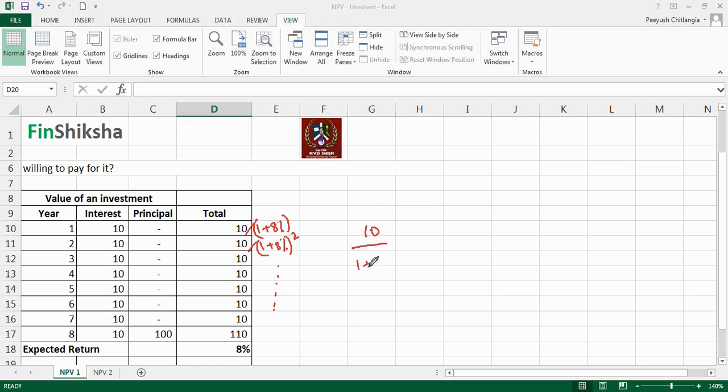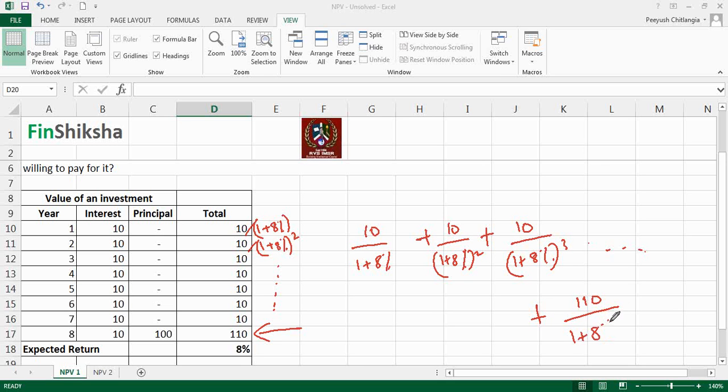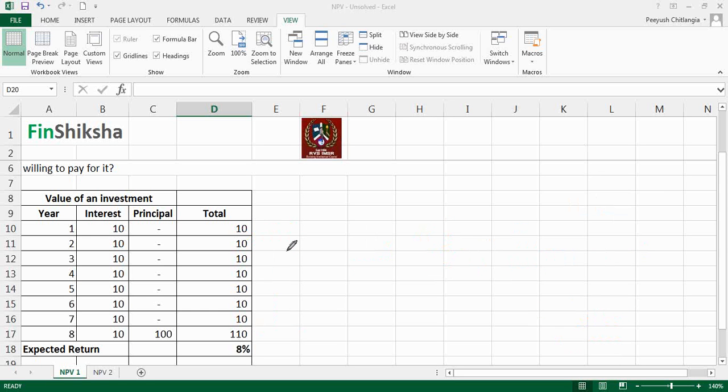So 10 divided by 1 plus 8%, 10 divided by 1 plus 8% square, 10 divided by 1 plus 8% cube, and you keep doing it till the last cash flow, which is 110 divided by 1 plus 8% to the power 8. That should be the value that you should get. So let's do this calculation, right?